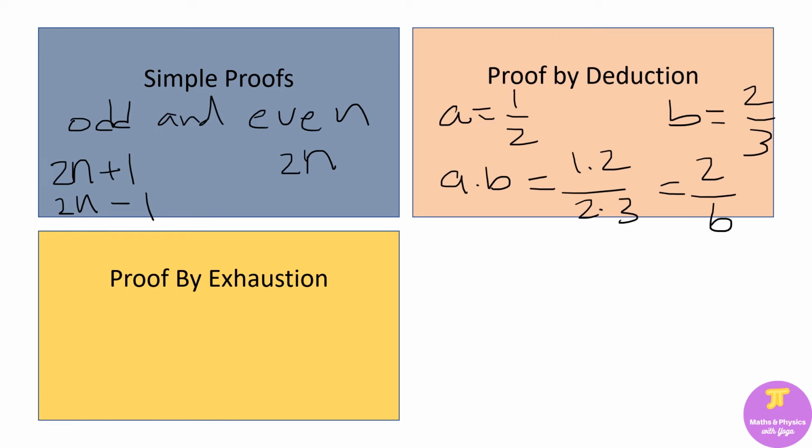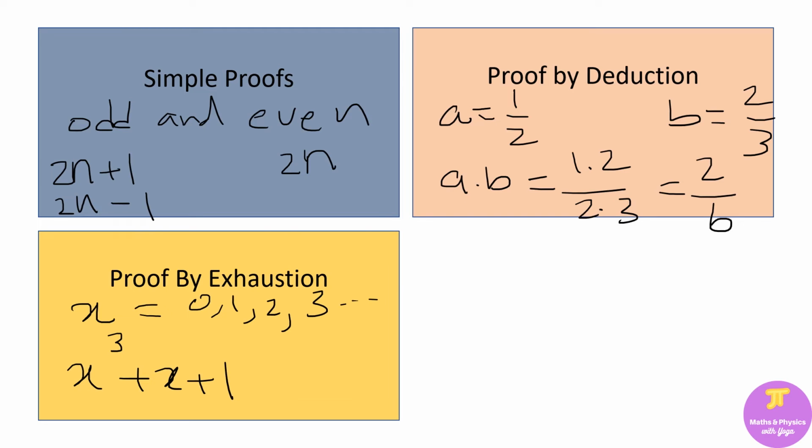For example, sometimes you will be asked to prove, let's say x is any number, right? x could be 0, 1, 2, 3, and on. And you need to prove that x cubed plus x plus 1 is an odd number, right?